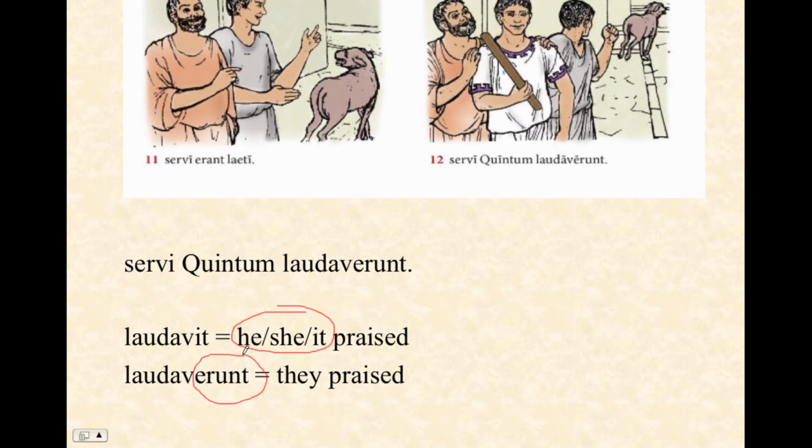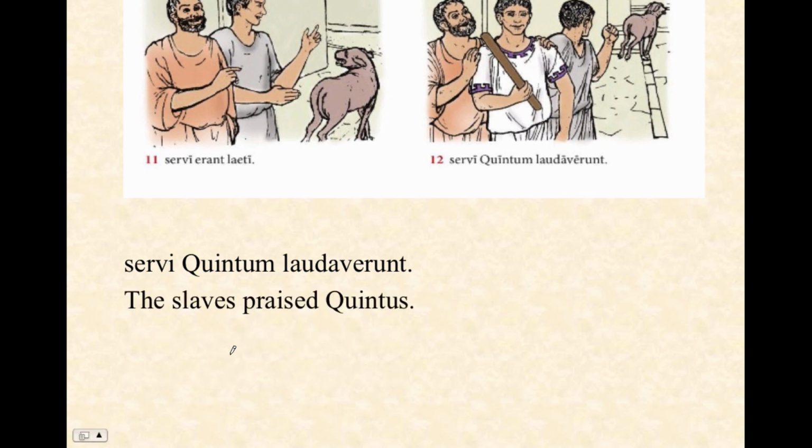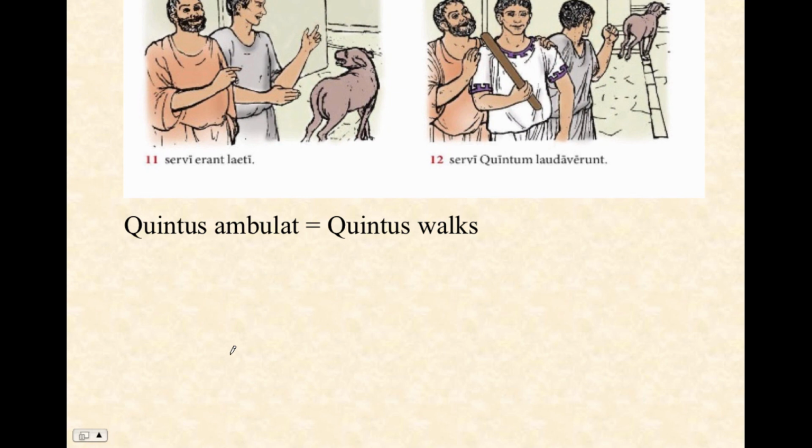This erunt ending is the plural ending when you have a perfect tense verb. So it's a 5-letter ending, erunt. And that's going to mean some plural, whether it's they or it's a plural like servi. The slaves praised Quintus.